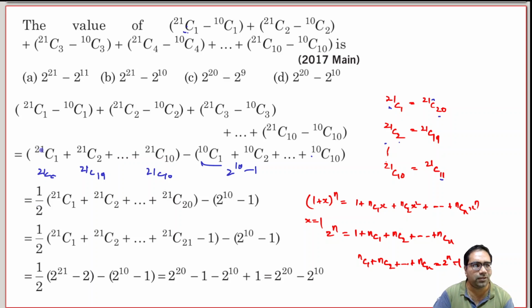So it is half of 21C1 to 21C20. Basically, we are adding the same terms to this, but in a different form.